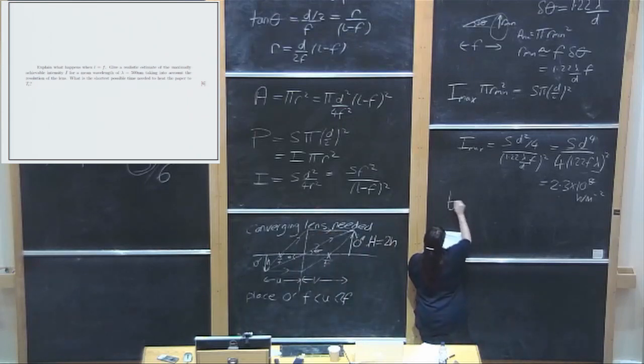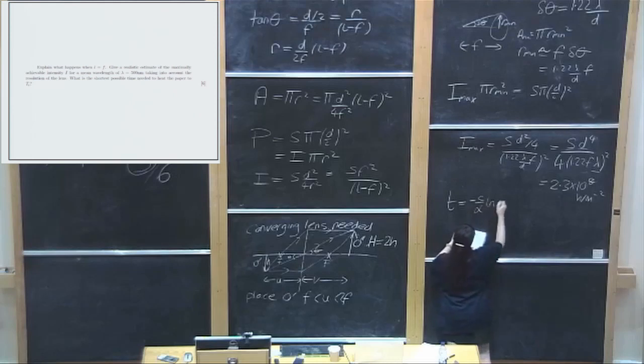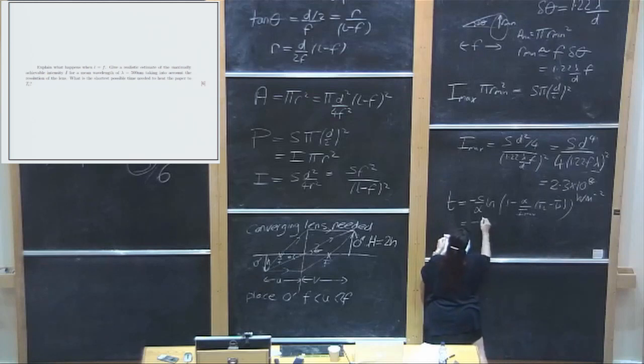And then we just have to do the final step, which is actually put that value into our equation for t that we had up there. So 1 minus alpha over I max times t i minus t 0. Put in the numbers we were given.